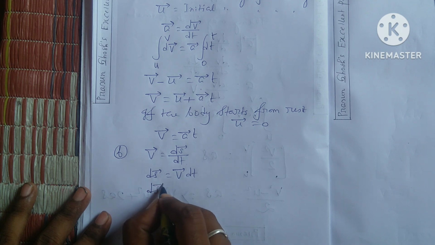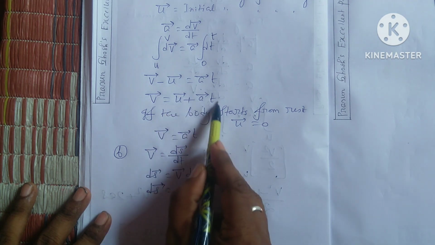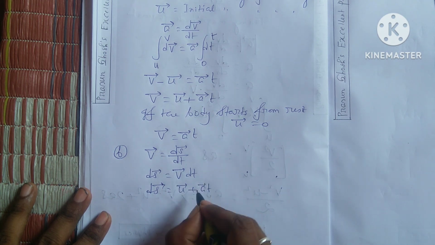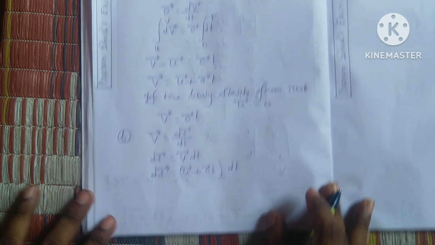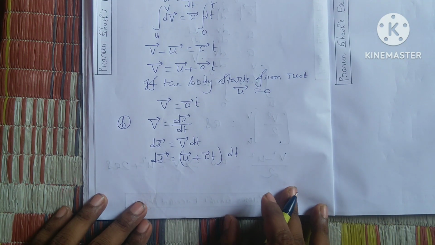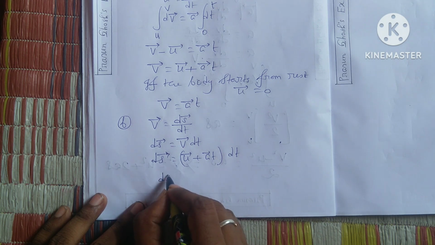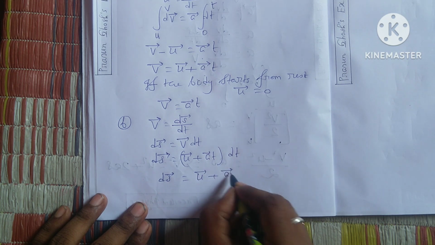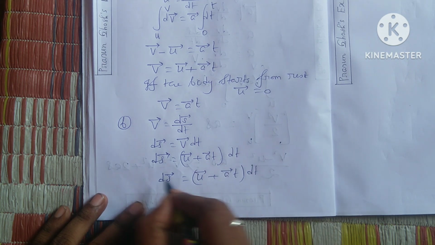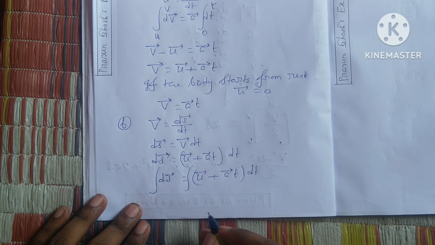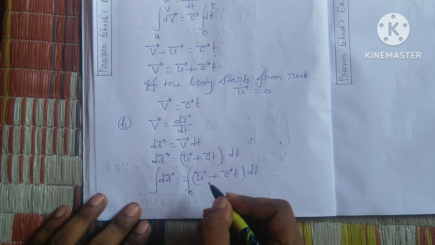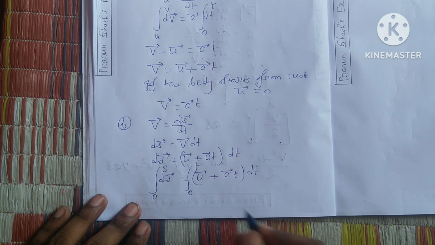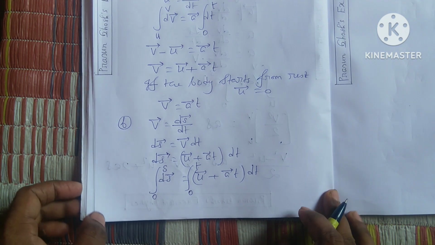So ds equals, now putting the value of v, u plus at dt. Now we integrate these equations. When time is 0, distance is 0, when time is t, distance is s.